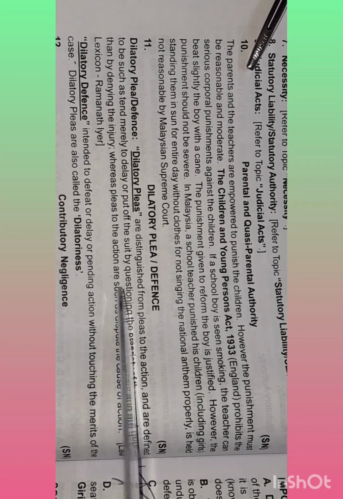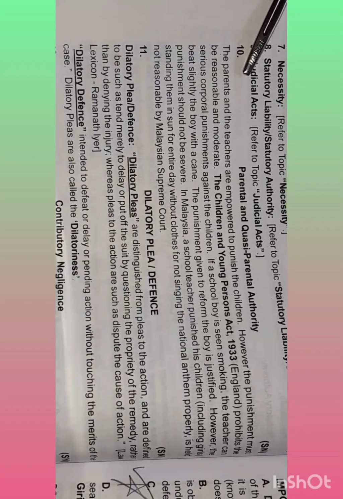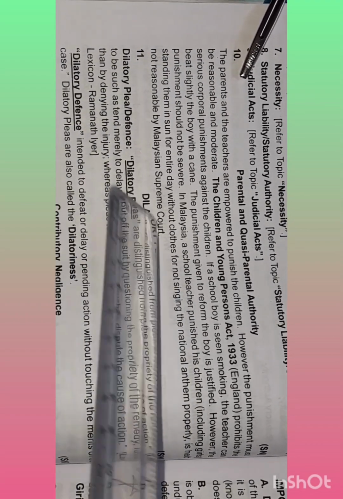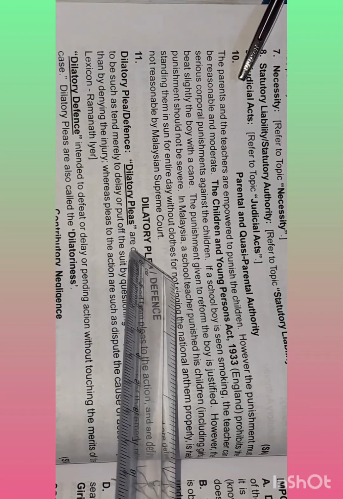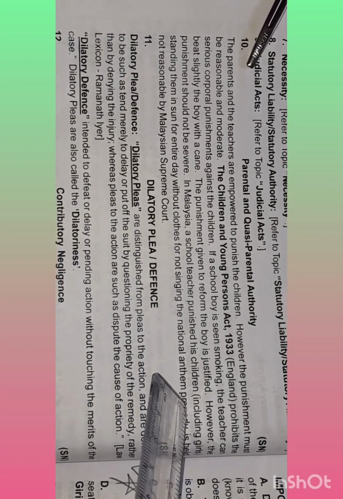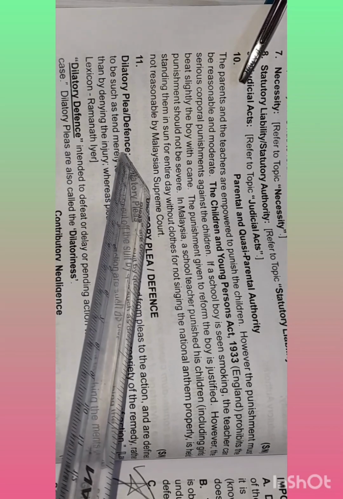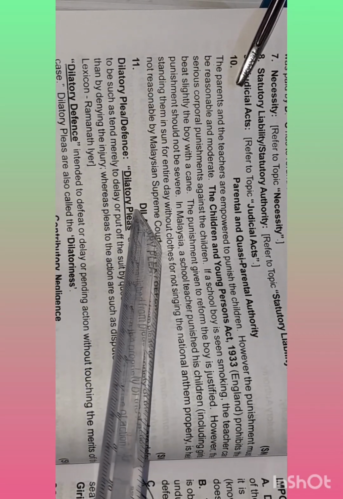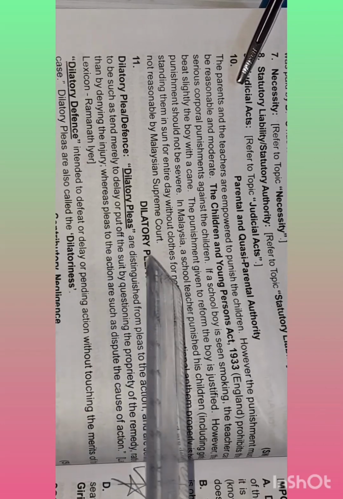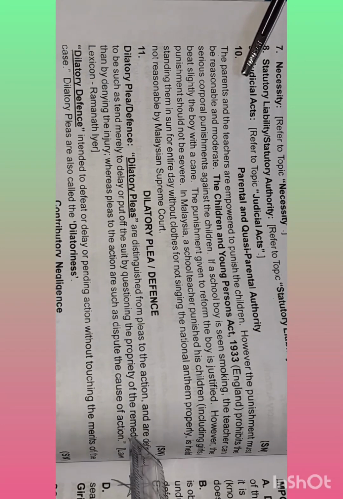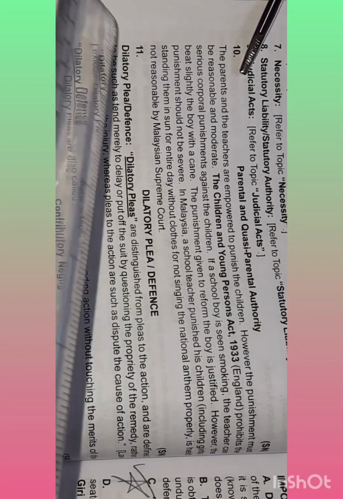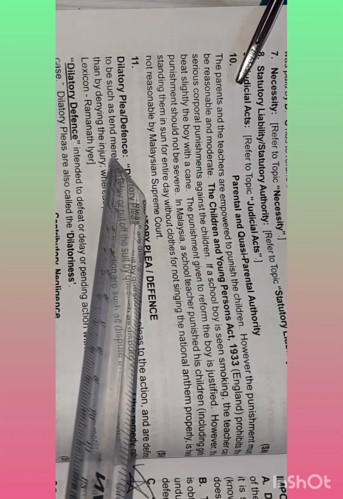Okay, let us see this example. In Malaysia, a school teacher punished his children, including girls, by standing them in the sun for the entire day without clothes for not singing the national anthem properly. This was held not reasonable by the Malaysian Supreme Court.